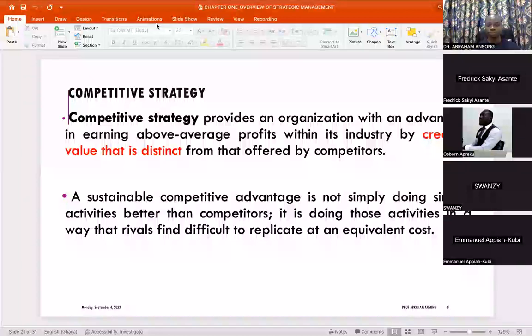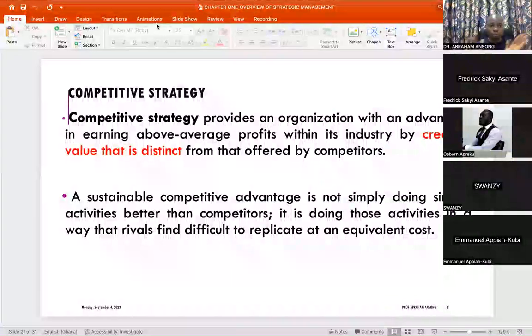All right, let's move to another concept, very similar to what we've discussed so far as strategy is concerned, known as competitive strategy. It's a strategy that can be described as competitive, and it is competitive because it will help an organization to earn above average profit within its industry, because it will help you to create value that is distinct from what is being offered by competitors.